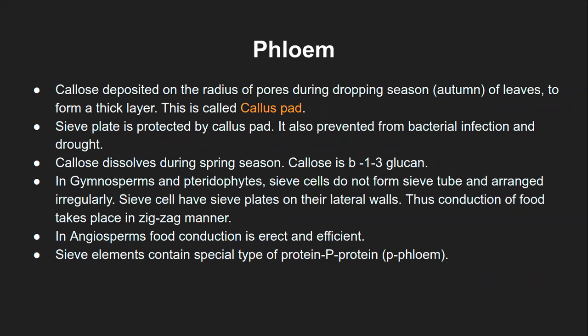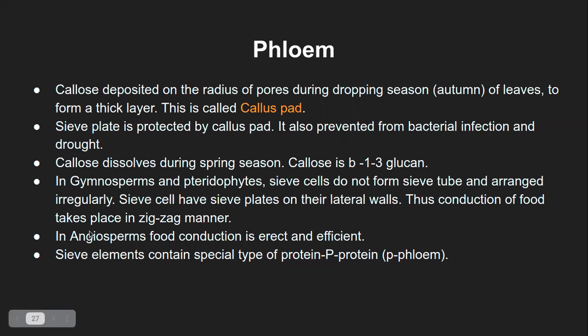I hope you can picture how it would happen in gymnosperm and pteridophyte kinds of plants. Ultimately that forms a kind of capillary network, and that capillary network will be responsible for transportation of the food. There are no regular tubular structures formed; the capillary type of network will always be formed.